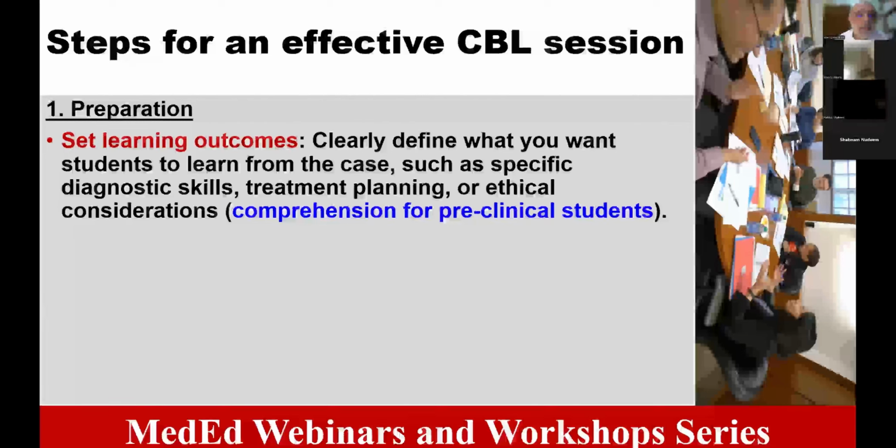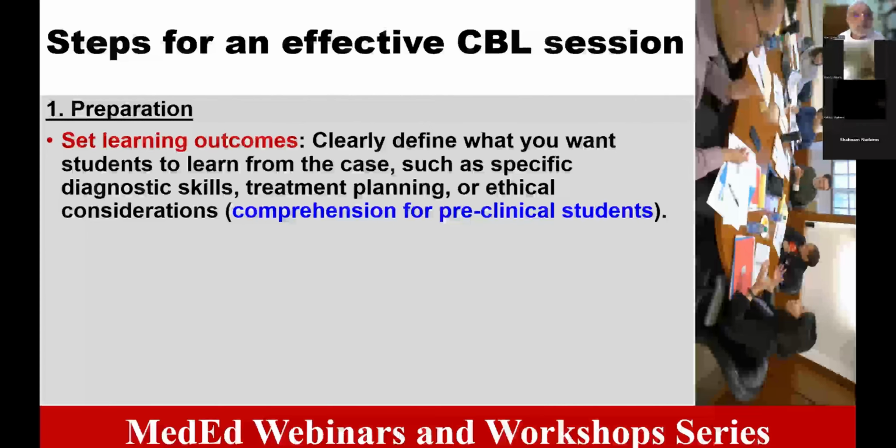Firstly, we have to identify the learning outcomes, which must align with the overall curriculum, and we need to define them clearly, what we really want students to learn from the case. We may focus on 1, 2, or more aspects depending upon the case.